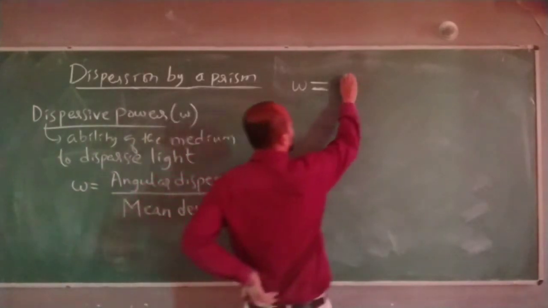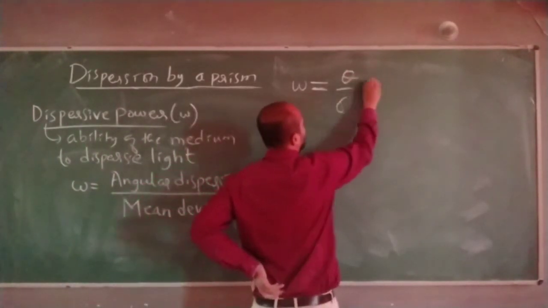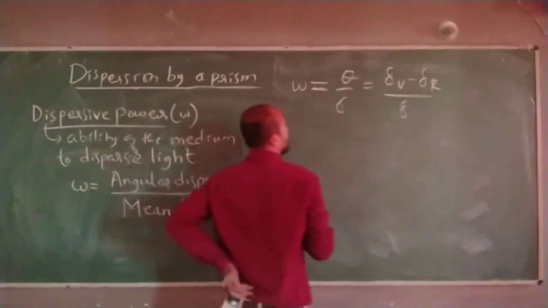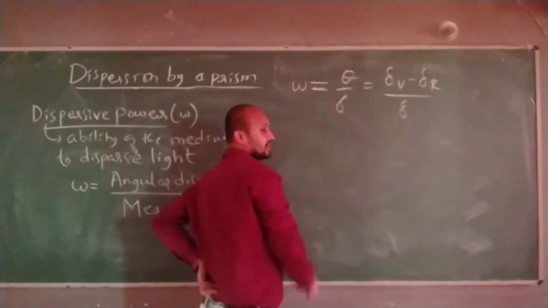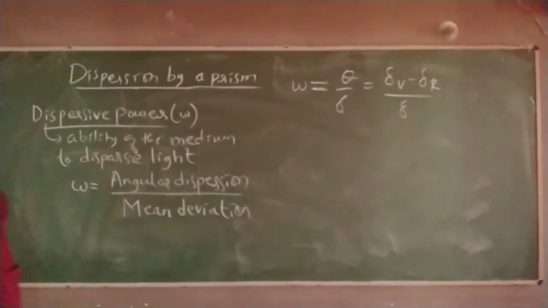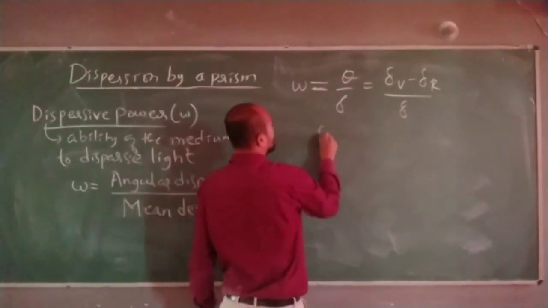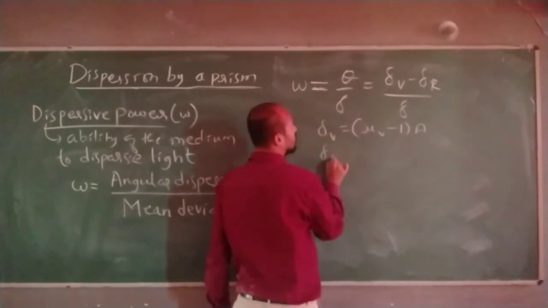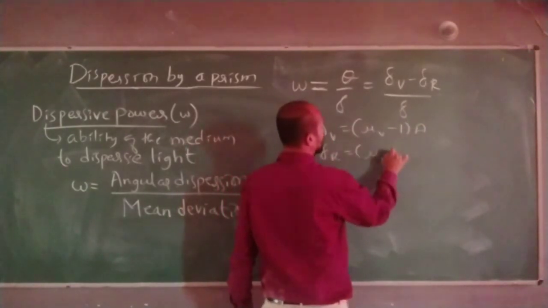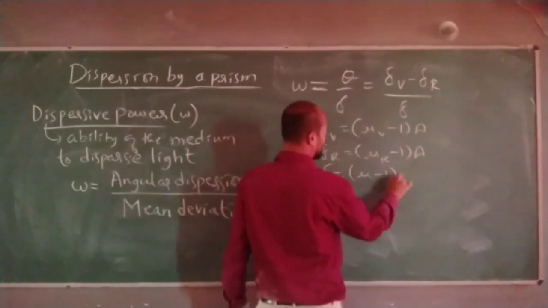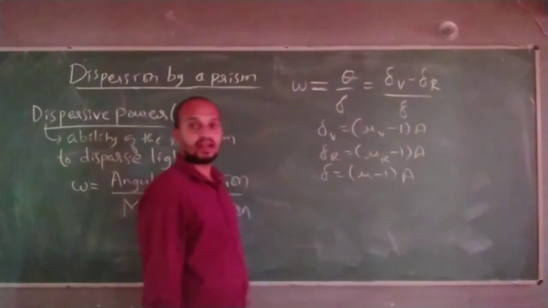What is that? Theta divided by dou. Theta is dou v minus dou r, divided by dou. From the given, dou is the mean deviation, which I have taken for yellow. Yellow deviation is the mean deviation. Correct? Here you know dou v is equal to mu v minus 1 into A, dou r is equal to mu r minus 1 into A, and dou is equal to mu minus 1 into A, where mu is the mean refractive index of the medium.